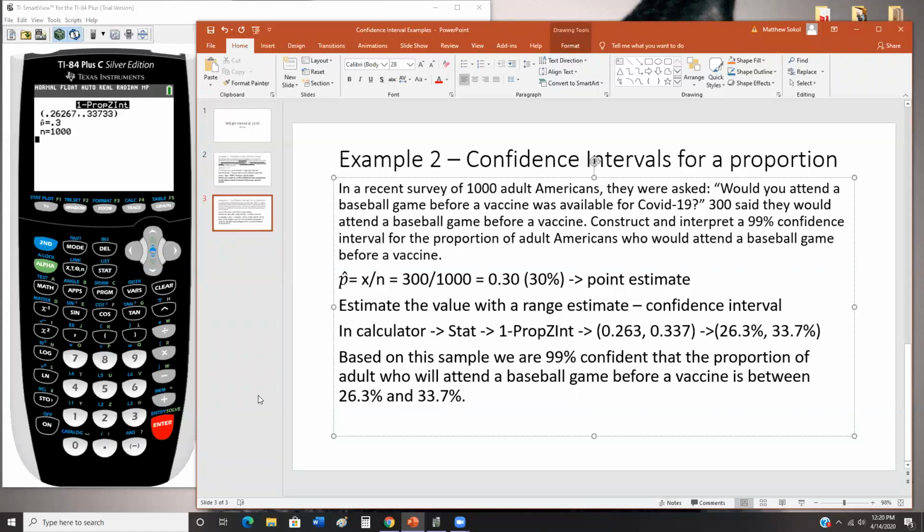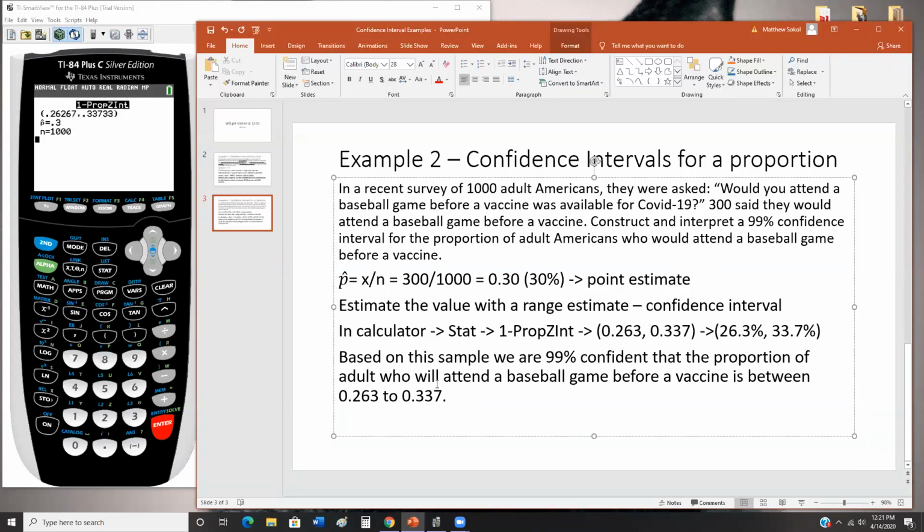That's listed as a percentage. You should probably just write it as 0.263 to 0.337. And that's how you do these confidence intervals for a proportion.